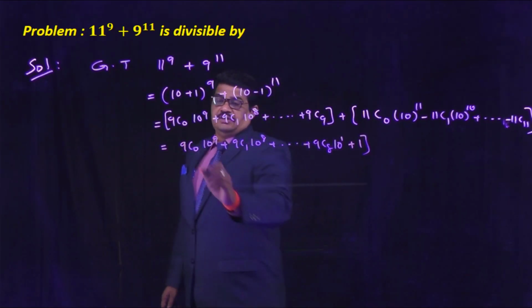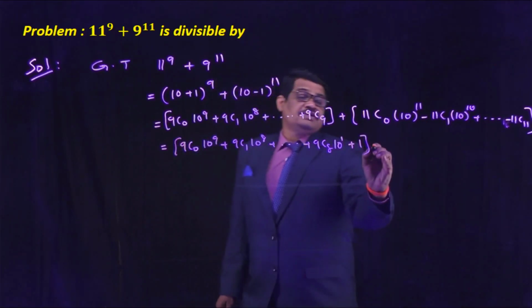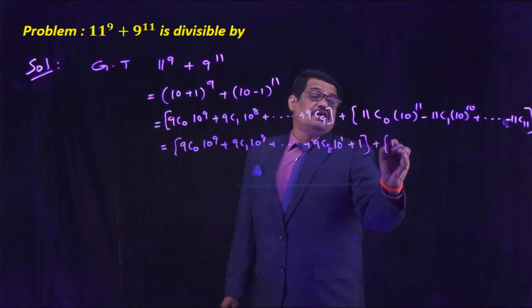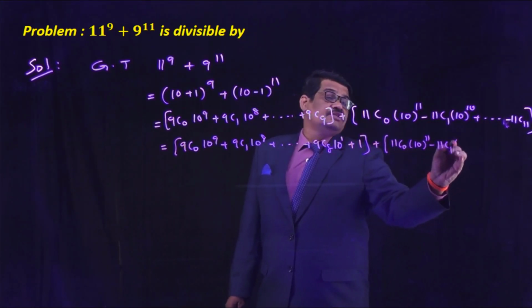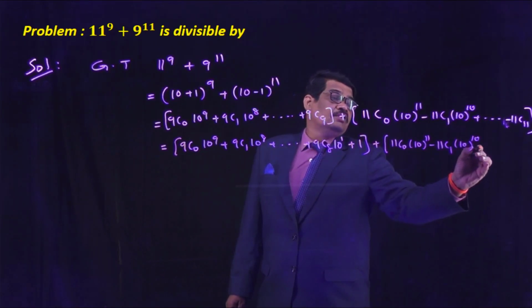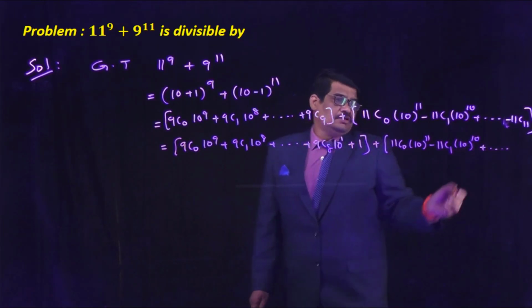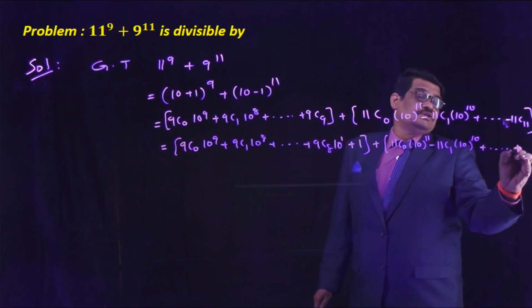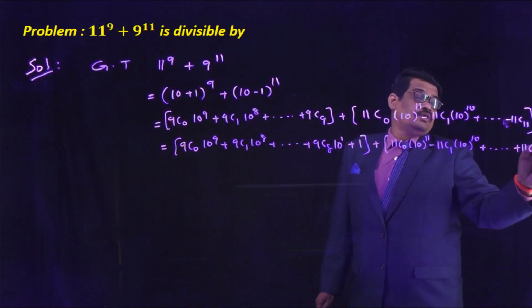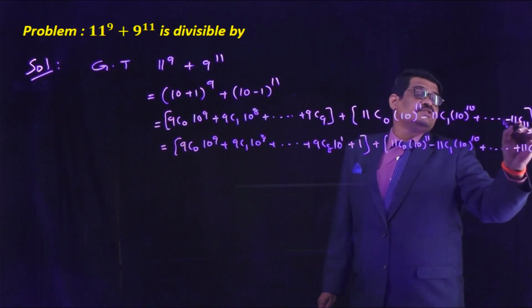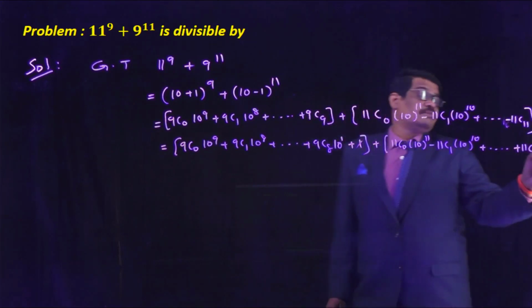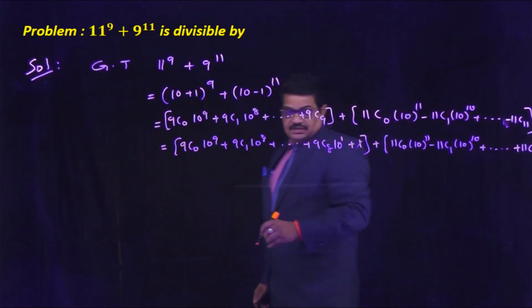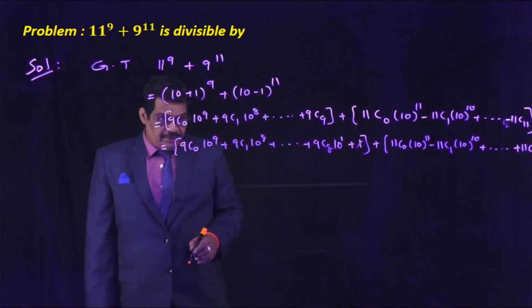Okay, this is the expansion, plus 11c0 10 to the power of 11 minus 11c1 10 to the power of 10 plus so on. Before that, 11c10 into 10 to the power of 1 minus 11c11, whose value is 1. Here plus 1 and here minus 1 will be cancelled.